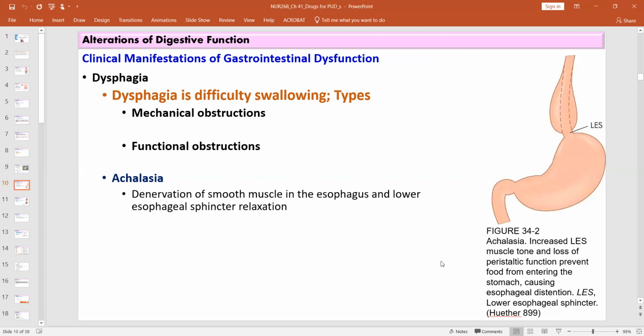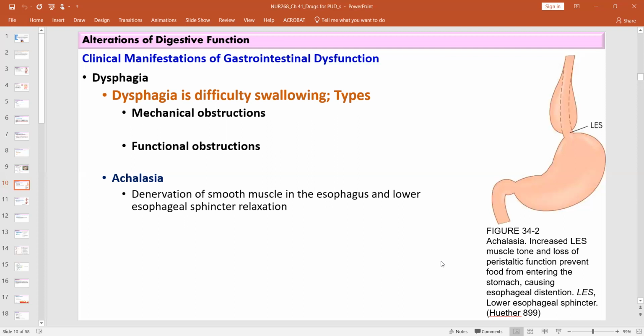Achalasia is the increased lower esophageal sphincter muscle tone, which results in the loss of peristaltic function and prevents food from entering the stomach. On the right side of the slide you have a figure of achalasia and its definition as well. So achalasia is the denervation of the smooth muscle of the esophagus and the lower esophageal sphincter, LES, a form of dysphagia characterized by loss of esophageal peristalsis.